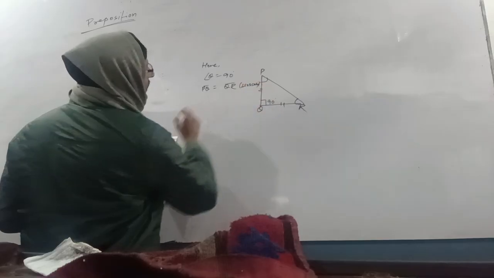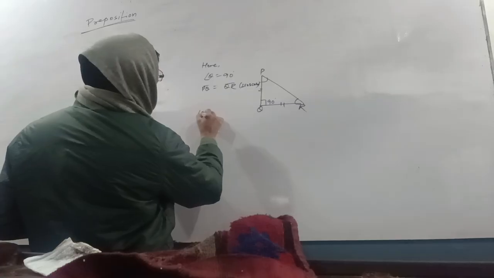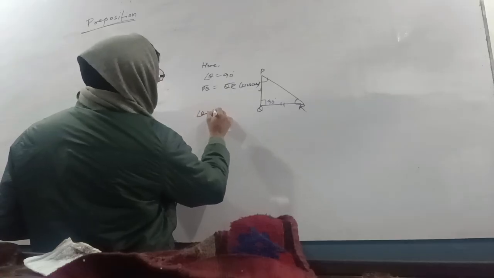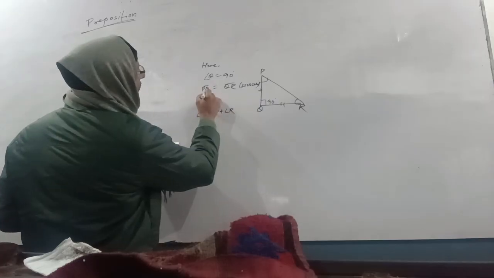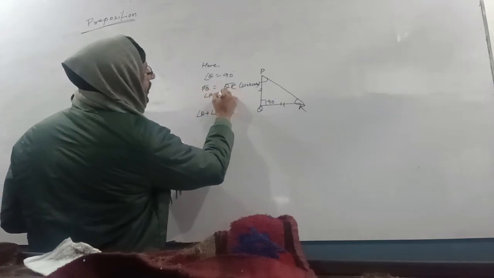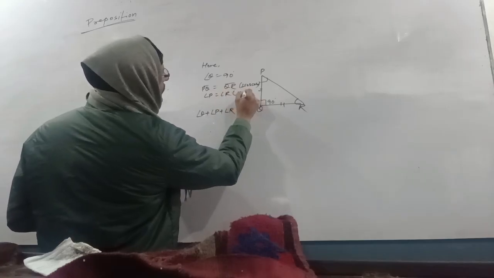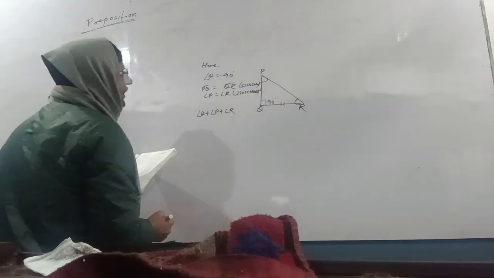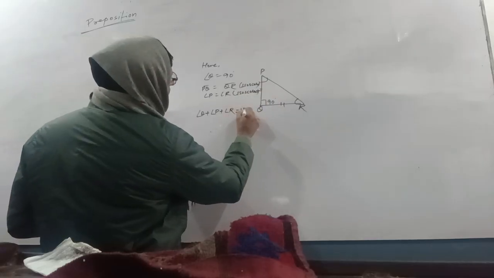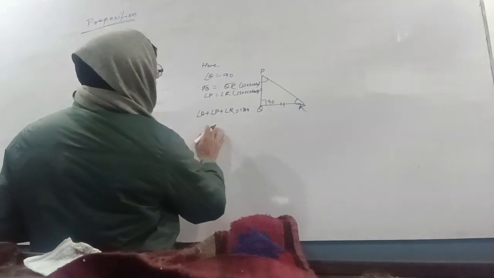Isosceles triangle, right? So angle Q plus angle P plus angle R is equal to 180 degree by angle sum property.